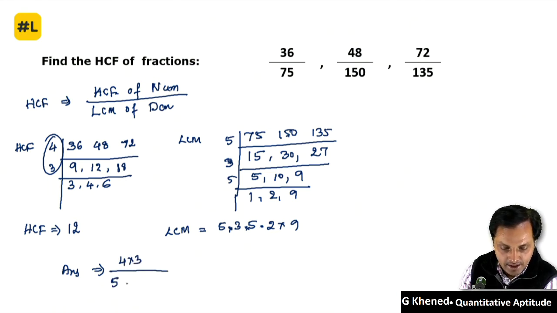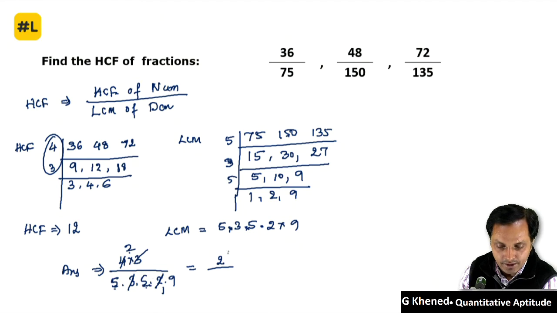LCM of the denominator, I will write it as 5 into 3 into 5 into 2 into 9, which will be easy to simplify. You can cancel this with this, 2 ones are 2, 2 twos are 4, you can cancel, 2 divided by 25, 5 as a 25 into 9 is 225.